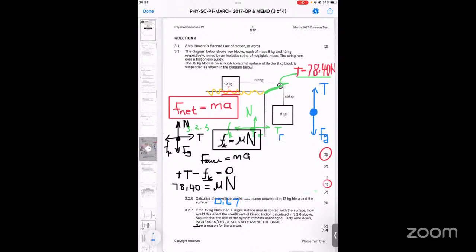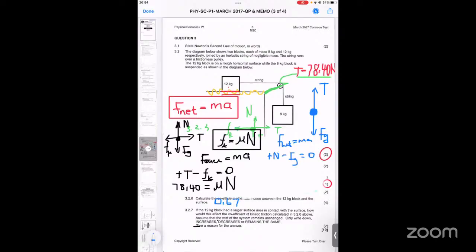Or if I had to use the formula Fnet equals to ma, considering the vertical forces, we have normal force going up minus Fg going down equals to 0, because the object is not accelerating up or down.